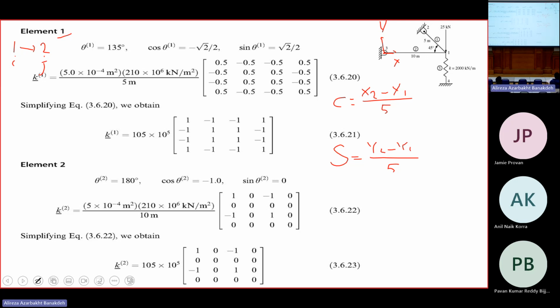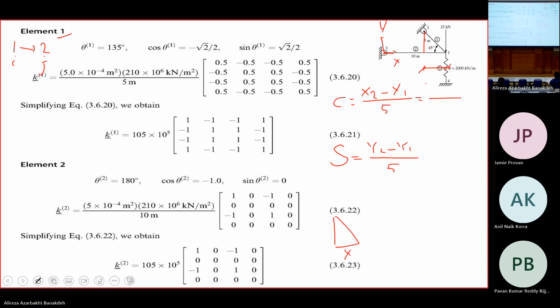So you need to calculate this distance. What is this distance? If it's x, we have a triangle like this.